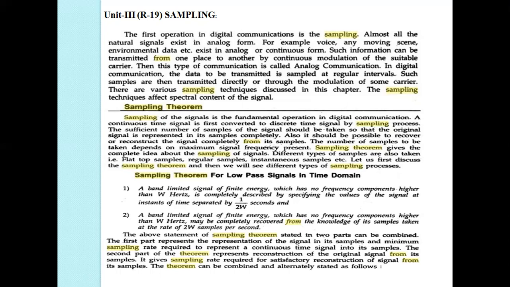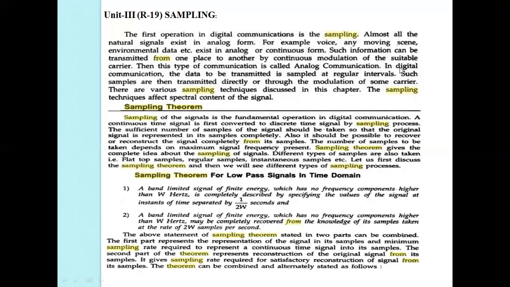At the receiver side it is demodulated, meaning the high frequency carrier is separated and only the low frequency signal, the voice signal we sent, is received. So modulation and demodulation occur between transmitter and receiver. This type of communication is called analog communication.